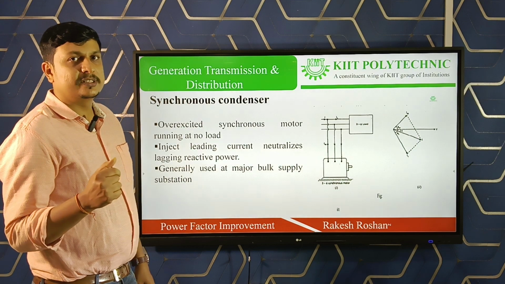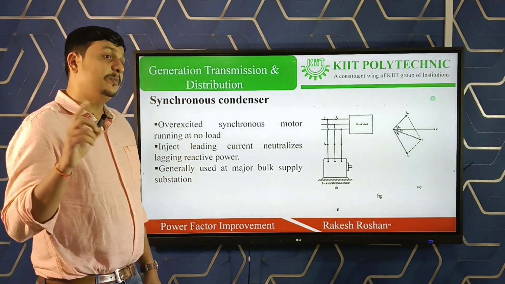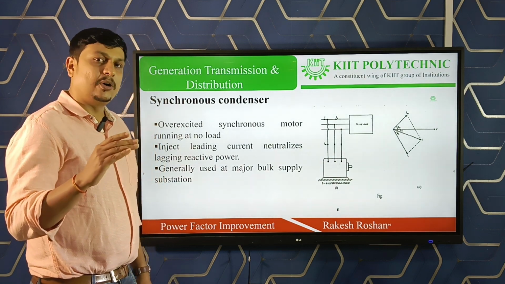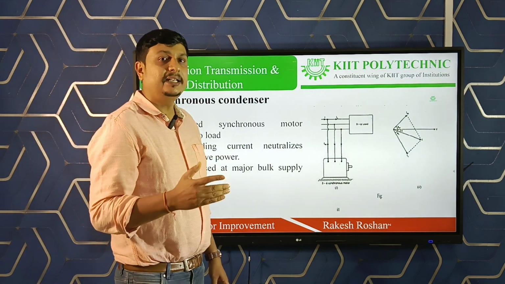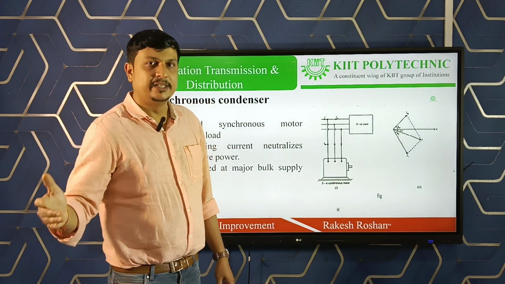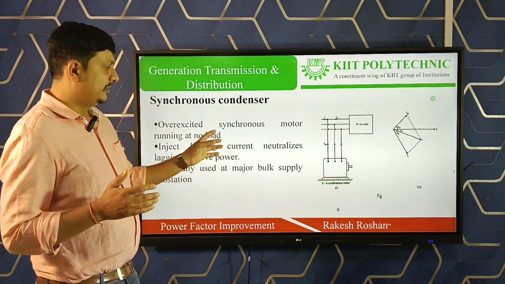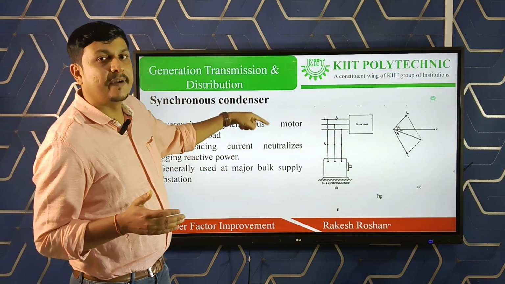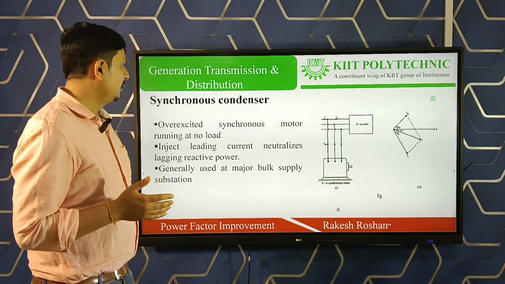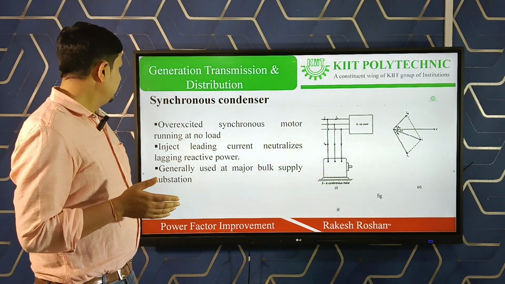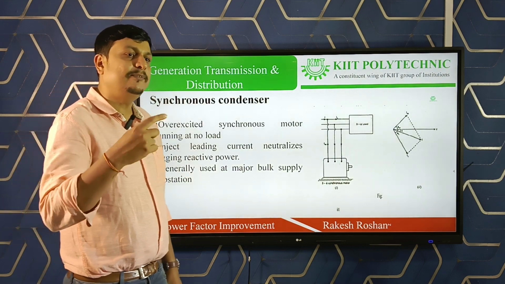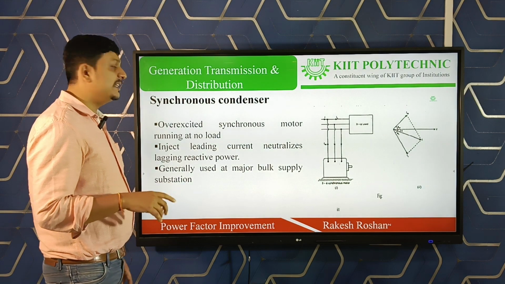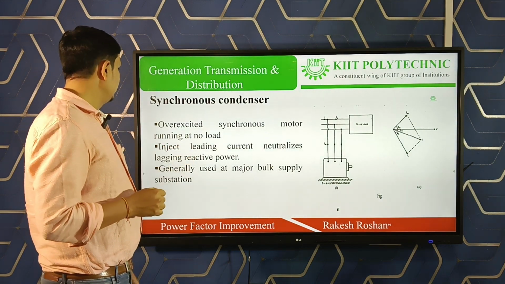Among all types of motors, the synchronous motor has a unique feature: it can operate at any power factor, lagging, unity or leading. That's why it is used as power factor improvement equipment in the power system network, but it is only economical above 500 kVA rating. For lower ratings, we generally do not prefer a synchronous condenser.